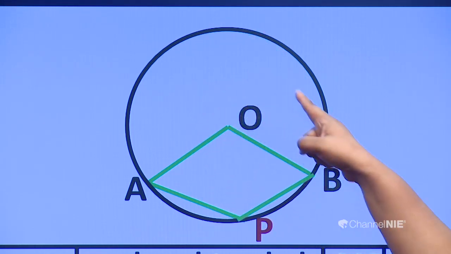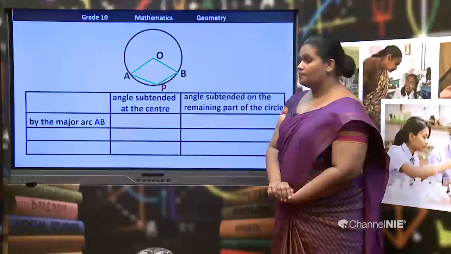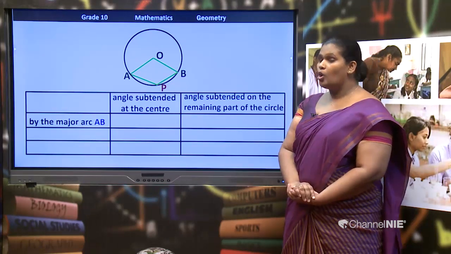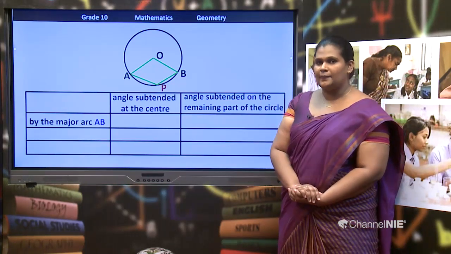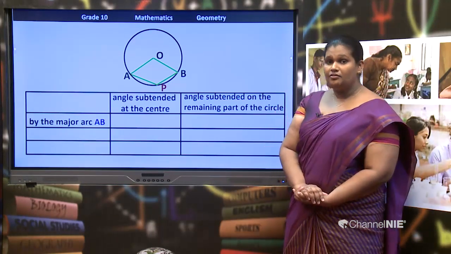So, we can consider this angle as the angle subtended by the major arc AB on the center of the circle. Right. But if I name it as just angle AOB, what would happen? Previously also we got some equal angles.